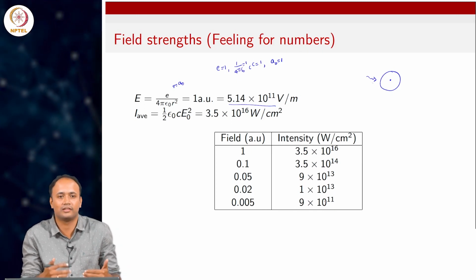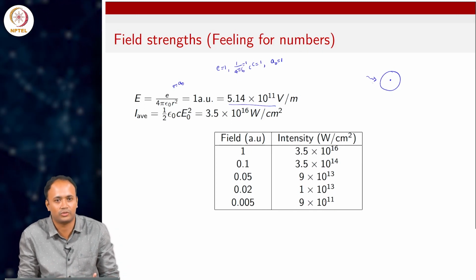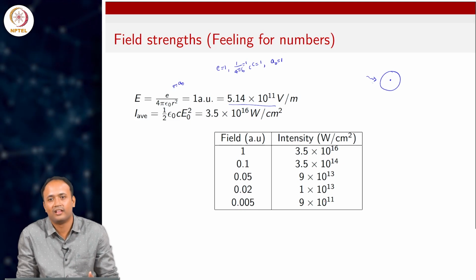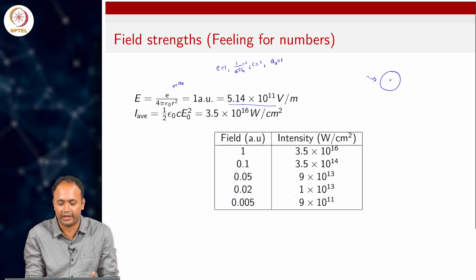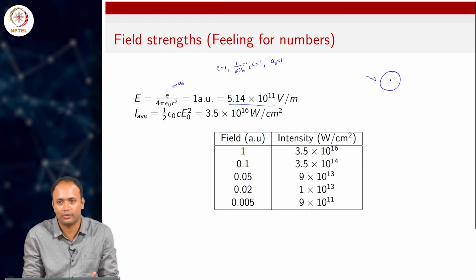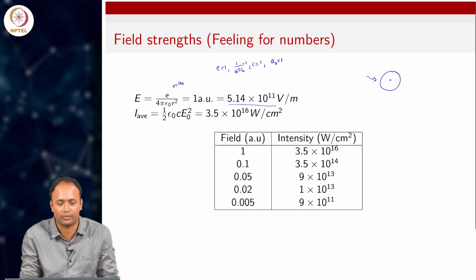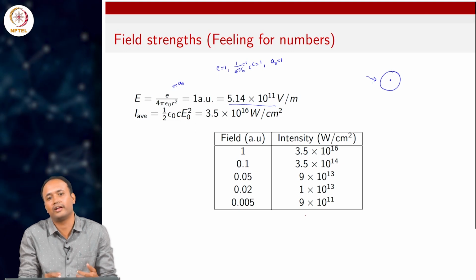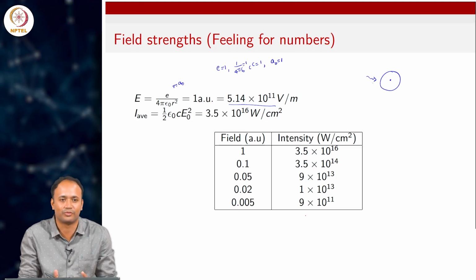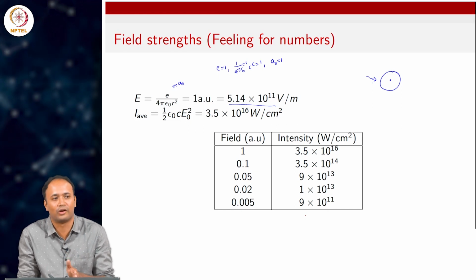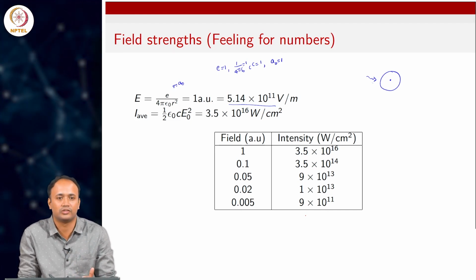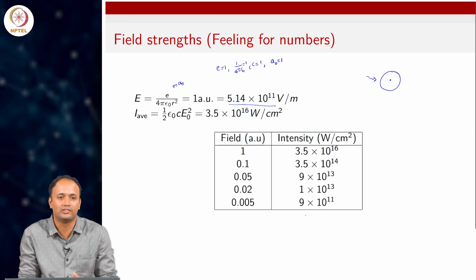So when laser technology gets advanced and you start generating more and more intense pulses, at some point people are doing experiments with intensities of 10 to the 12 watt per centimeter squared. Therefore, you do not really need to think about all kinds of terms in the series, and truncating the expansion after 1 or 2 terms makes your calculations much easier and gives you insight into the problem.